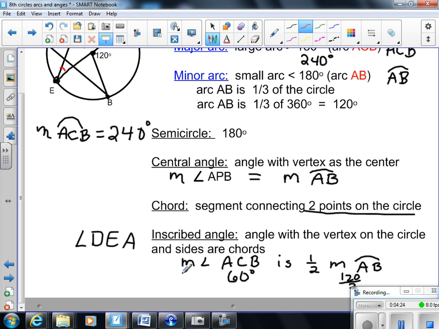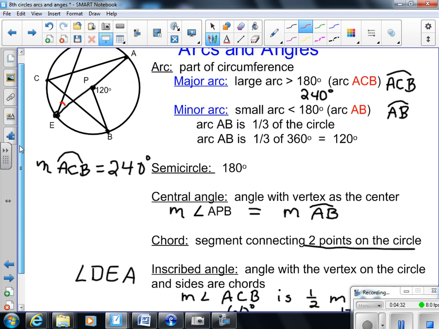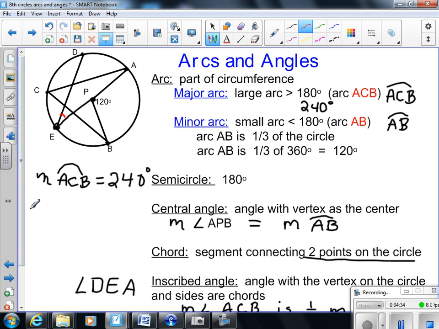Now here's a note that you need to keep track of. An inscribed angle, unlike the central angle, to get its measurement, is going to be half of the measurement of the arc. Half the measurement of the given arc.